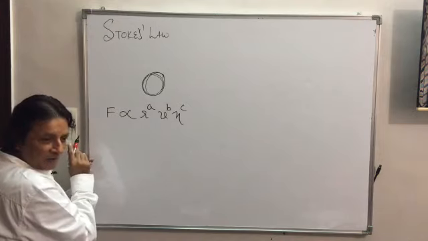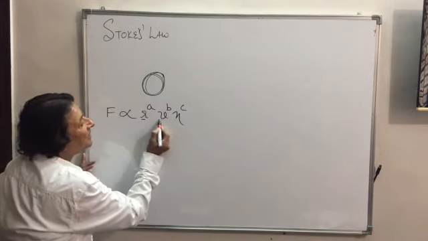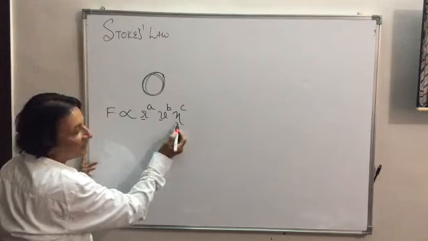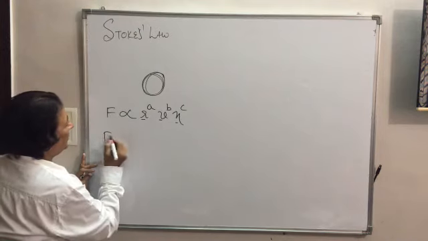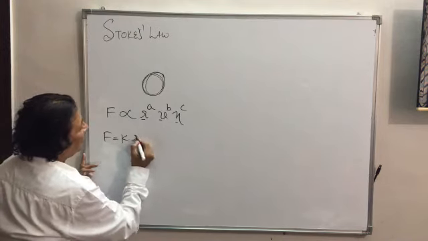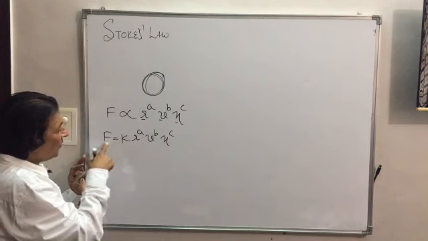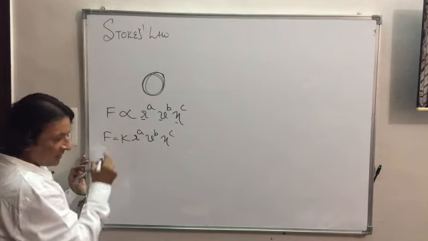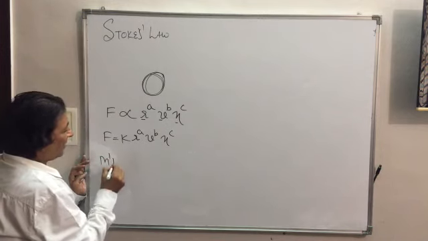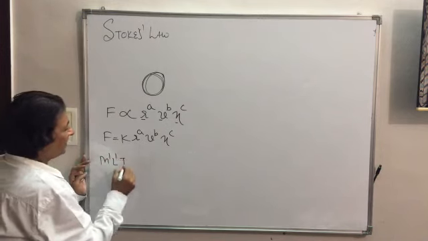First of all, we collect the various terms like radius, velocity and eta. So F is equal to K R to the power A, V to the power B, eta to the power C. What is F? Its dimensional formula is M1 L1 T minus 2.